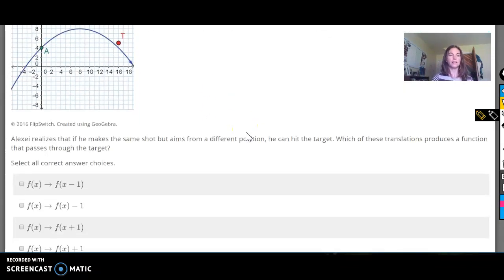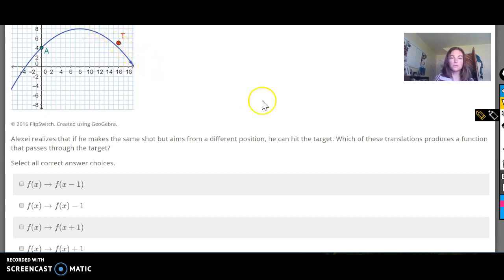Alexi realizes that if he makes the same shot but starts from a different position, he can hit the target. In other words, we can move this parabola over such that it goes right through that point T. They want to know which of these translations produces a function that passes through that target.